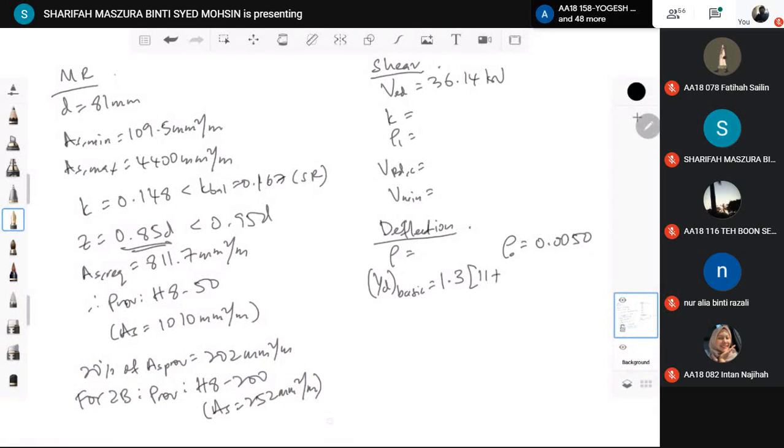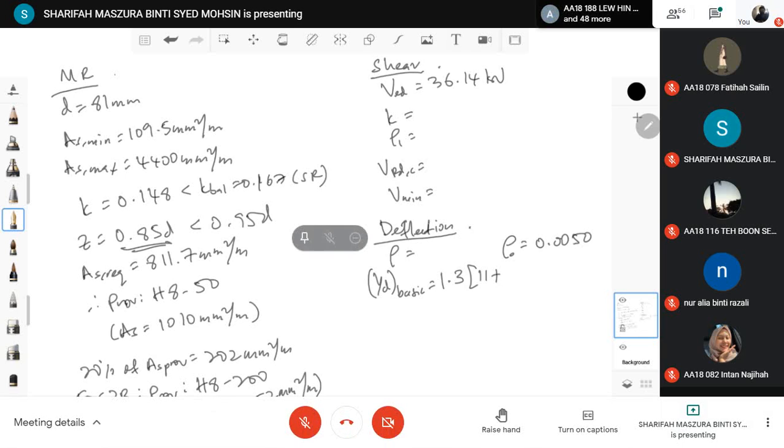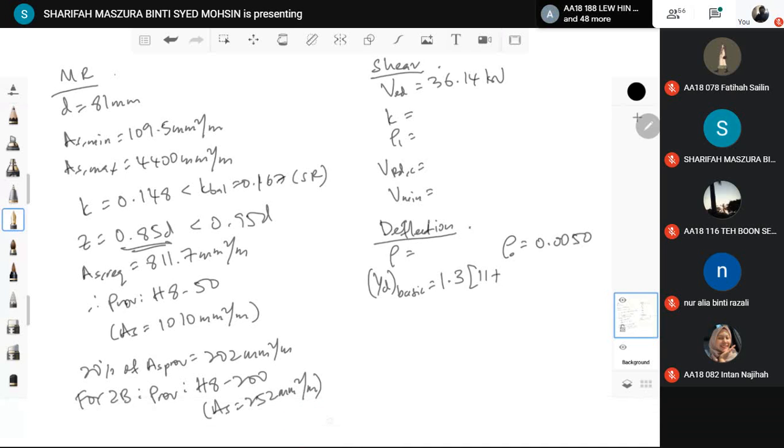So we will check it next class. For deflection, because you only have moment at only one of the support, K is equal to 1.3, okay? K is equal to 1.3. So I suspect that it will fail in terms of deflection, but you can check first.